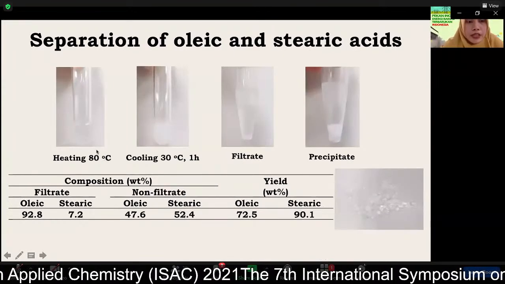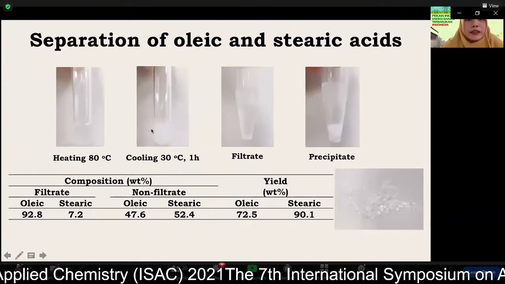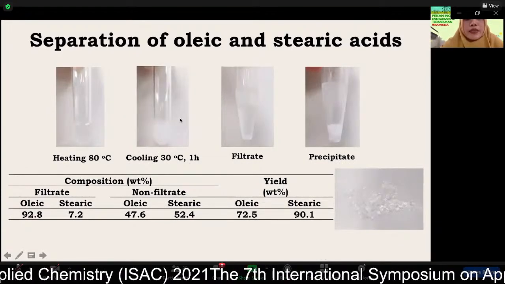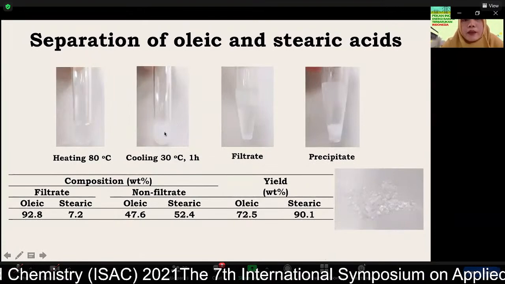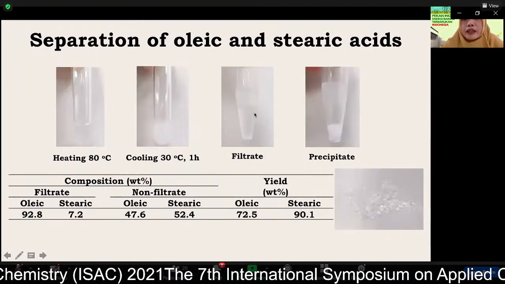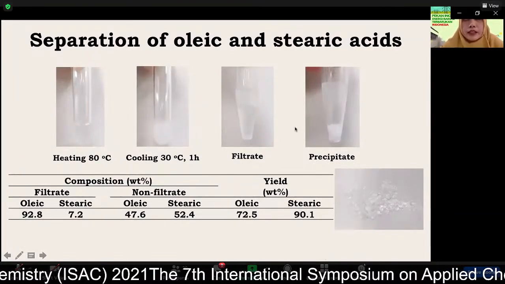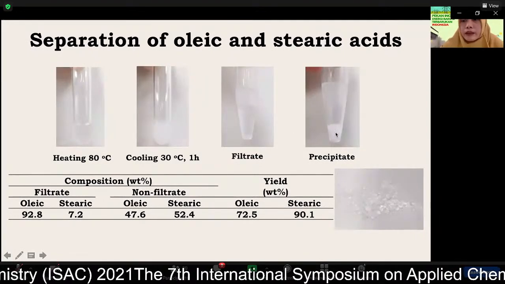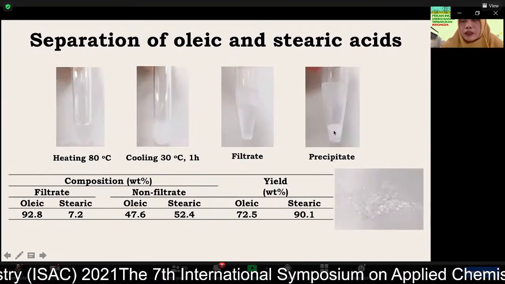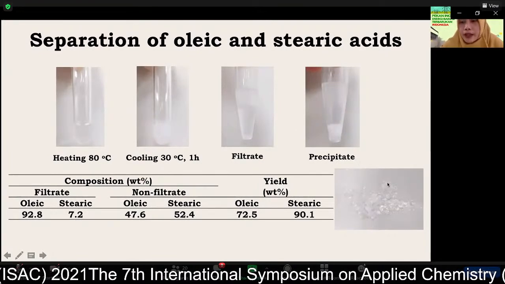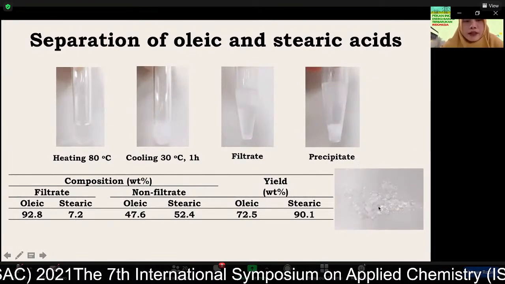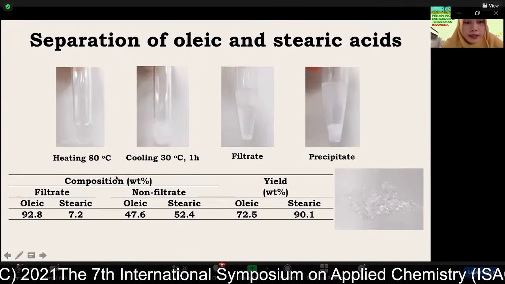Here is the separation. By cooling down from 80 to 30 degrees C, we got a cloudy white mixture, and by precipitation and centrifugation, we could get the white solid at the bottom. And after drying, this is the white solid of stearic acid.